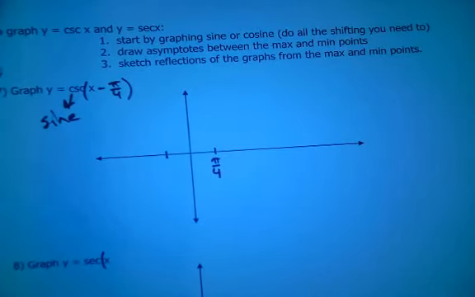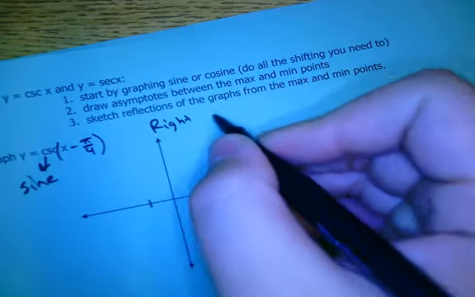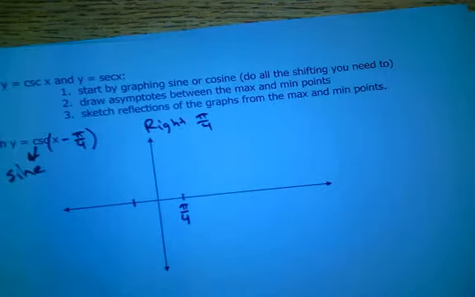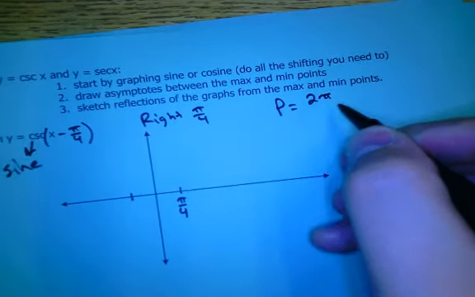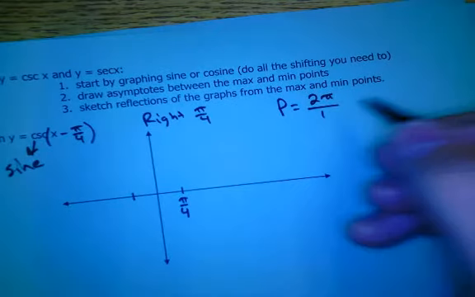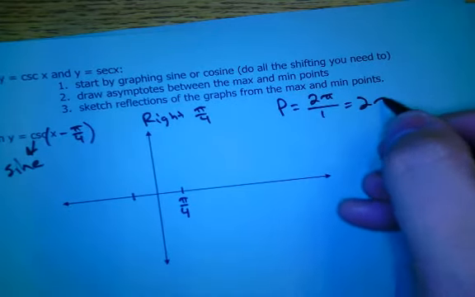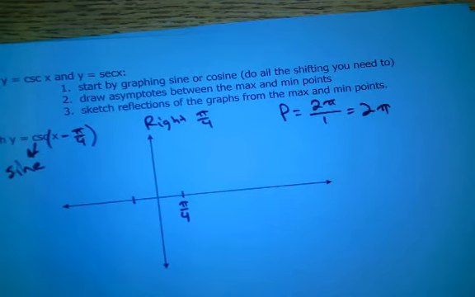Why am I starting at pi over 4? Because it's going right. This one's going right. Pi over 4. Okay. What's my period? It's 2 pi. There's no number in front of that x, so it's 2 pi over 1, which is going to give me 2 pi. So what's 2 pi away from pi over 4? 2 pi plus pi over 4. 9 pi over 4.